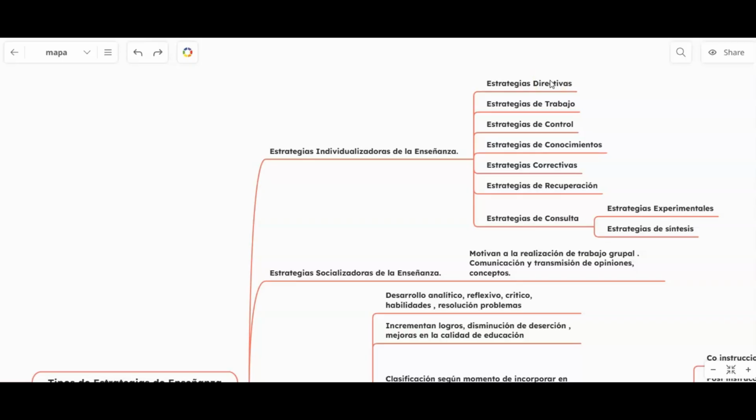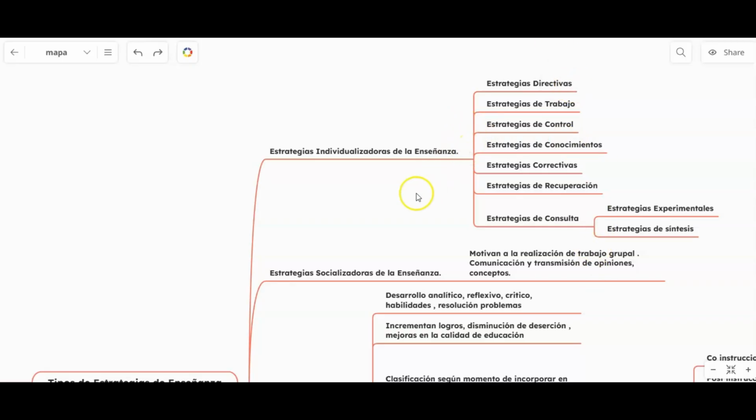We also have knowledge strategies that promote the acquisition of new knowledge. Or recovery strategies that clarify difficulties students are having, right? Or experimental strategies that drive learning through practice and hands-on experience. So those are some of them, right?